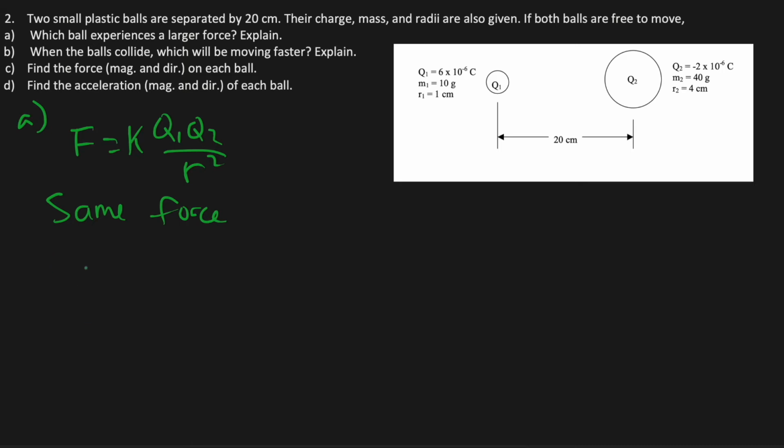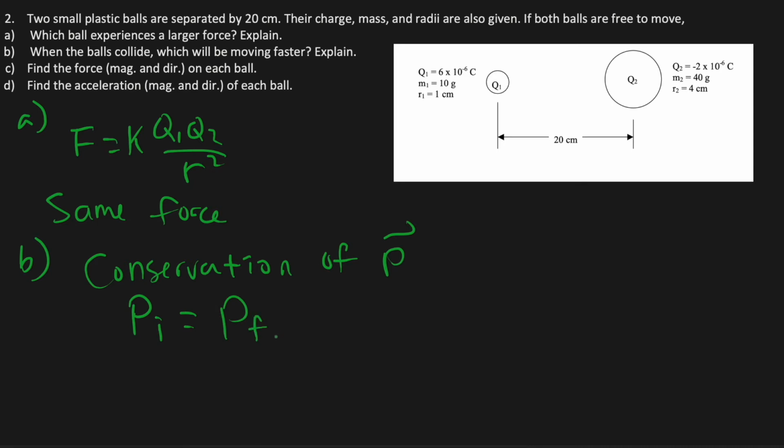When the balls collide, which will be moving faster? Explain. So for this part, you can use conservation of momentum. Initially, the two balls are at rest, so the initial momentum of the system must be equal to the final momentum.